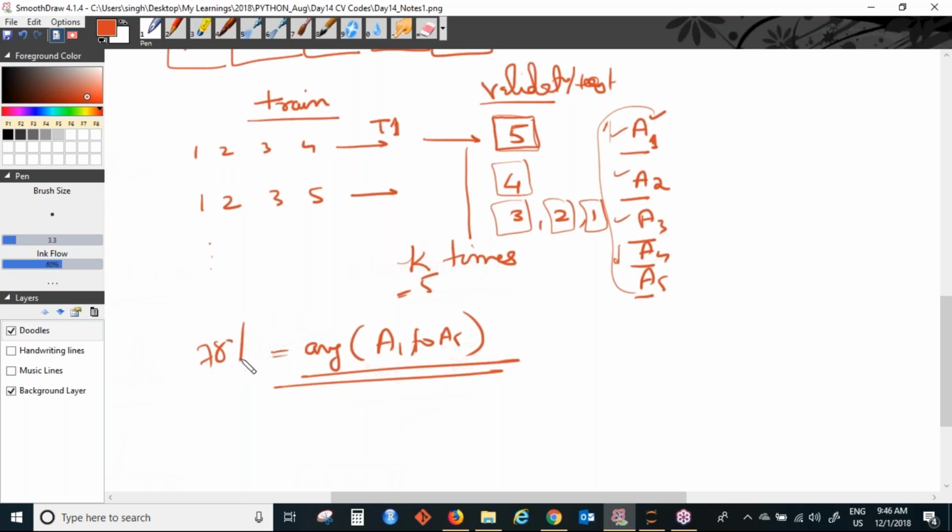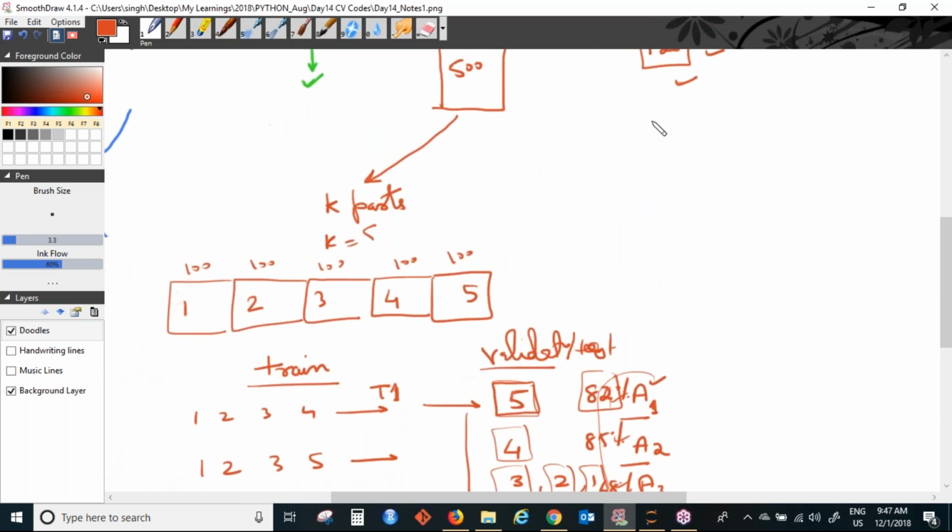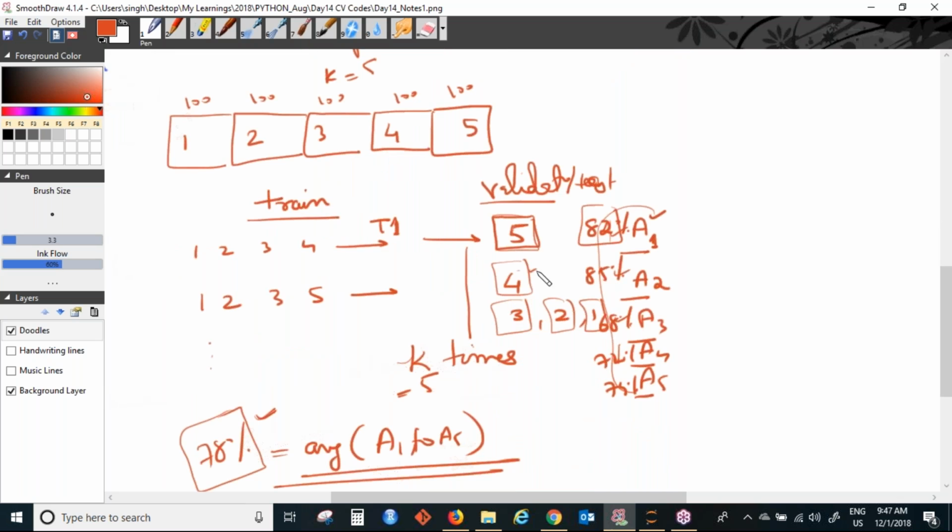Let's say this is 78%, this was 82%, this was 85, this was 68, this was 72, and this was 74. Okay, so these are the accuracies that you saw. But when you finally report on your model, you will report the average of all of them. So what is the advantage? The advantage is that your model will usually give you an accuracy of 78%. If you report 82, then if your actual test data is like the fourth part, or like the first part, your accuracy will be different.